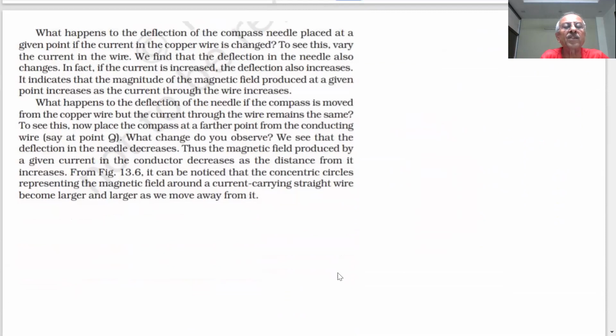Now, in whatever activity or experiment you are doing, what happens to the deflection of the compass needle placed at a given point if the current in the copper wire is changed? What will happen if you change the magnitude of the current?